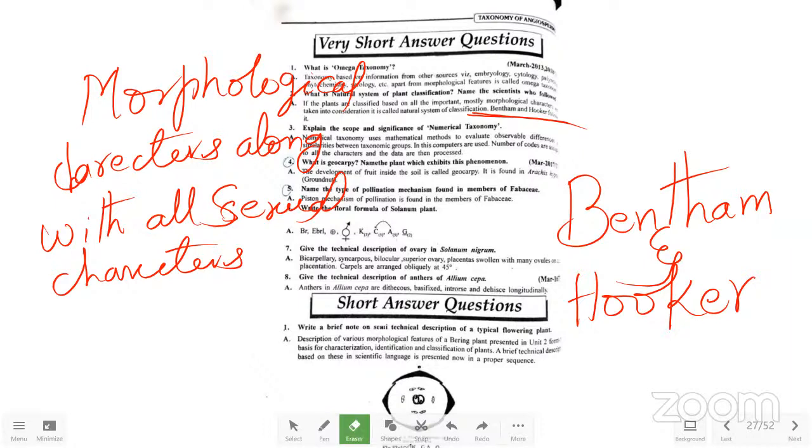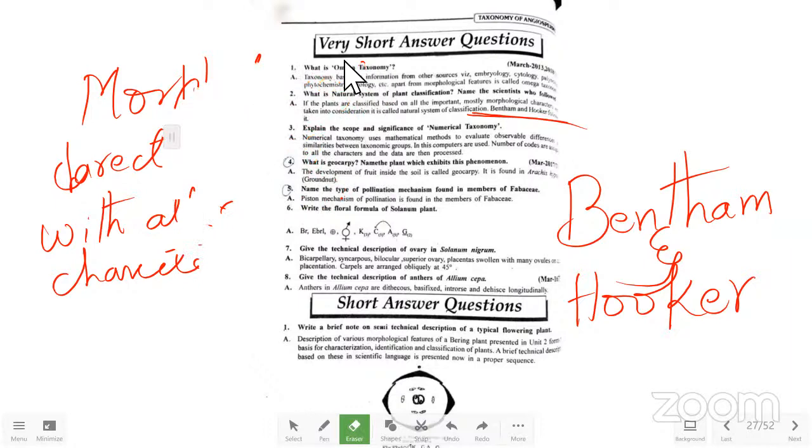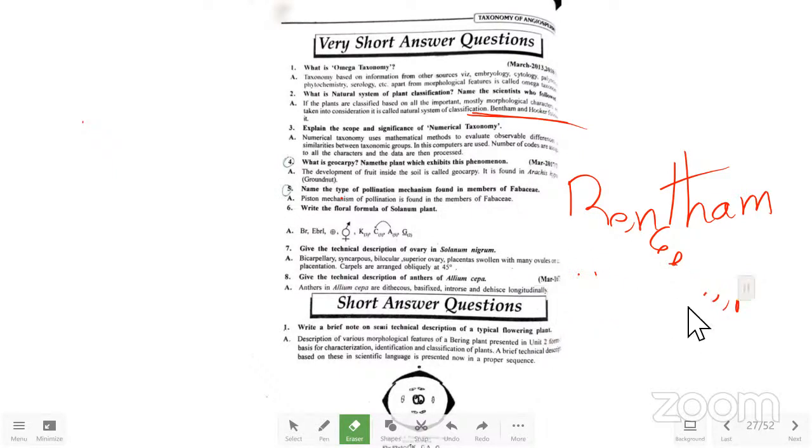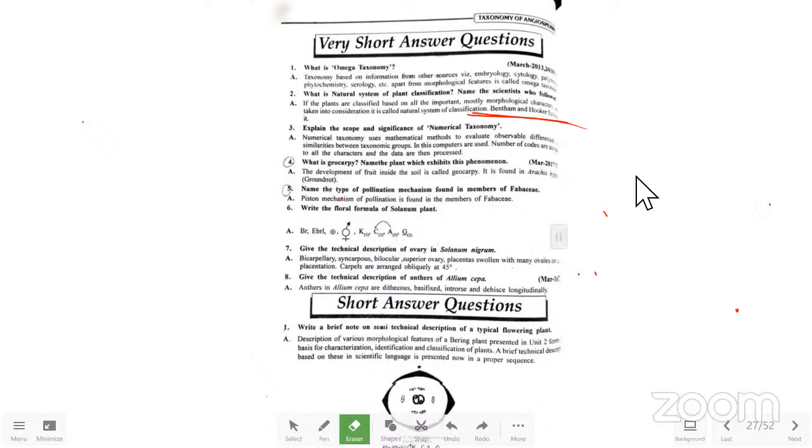And the third question. Explain the scope and significance of numerical taxonomy. What is meant by numerical taxonomy? When plants are classified based on mathematical calculations and the evaluation of their observations, that is called numerical taxonomy. Numerical taxonomy uses mathematical methods to evaluate observable characters.